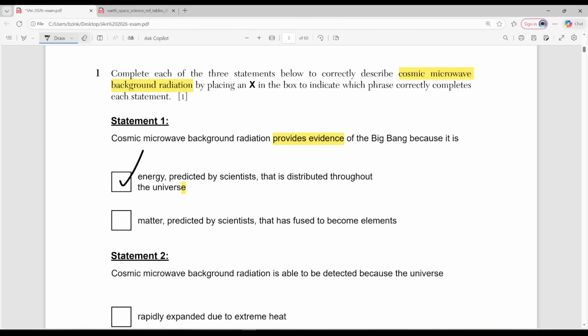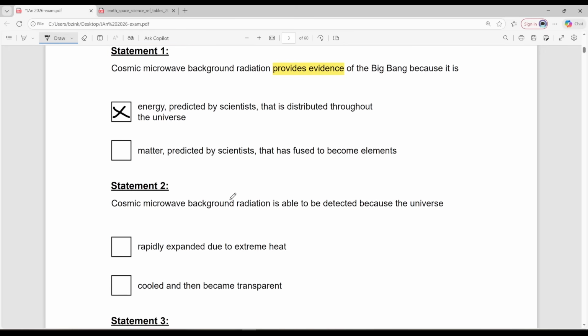Right there. Oh, see, I already messed up. It says place an X. I didn't follow the directions. Place an X. Okay. So for statement 2, cosmic microwave background radiation is able to be detected because the universe did what? The universe initially did rapidly expand due to heat, but the cosmic microwave background radiation is able to be detected because the universe cooled down and then became transparent.